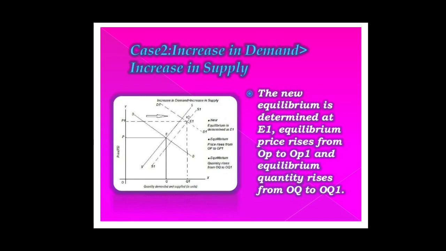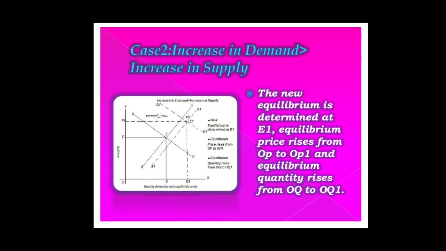Now coming to case second, when increase in demand is greater than increase in supply. Here in this figure, the original equilibrium position is at point E, where the original demand curve DD intersects the initial supply curve SS, and at point E, OP is equilibrium price and OQ is equilibrium quantity.